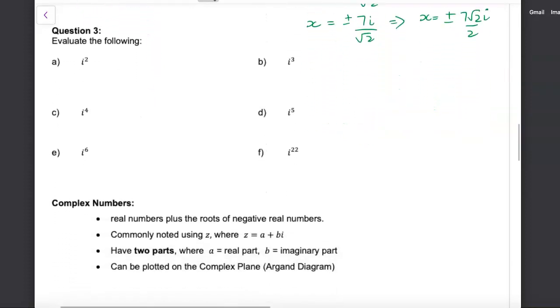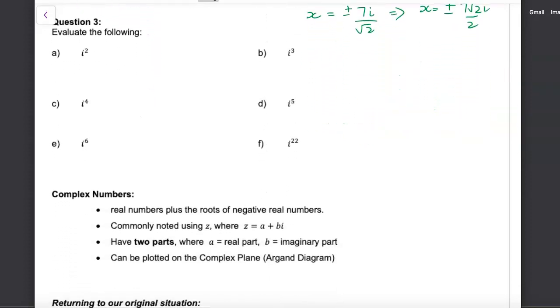In question 3, hopefully you identified i squared as -1. So i cubed is going to be i squared times i, which is just -1 times i, which is -i. i to the power of 4 is like i squared times i squared, so -1 times -1, which is +1. i to the power of 5 is just i to the power of 4 times i, so that will leave us with i.